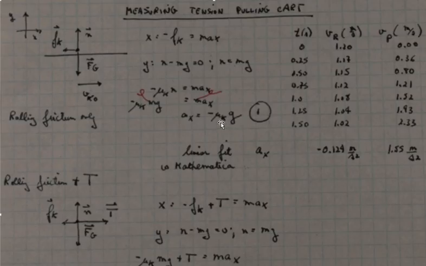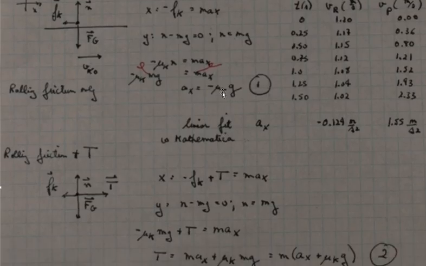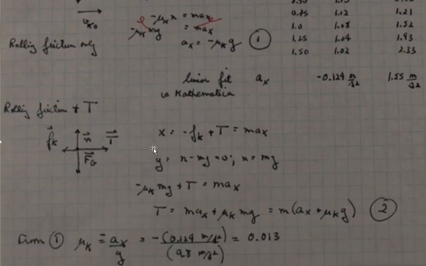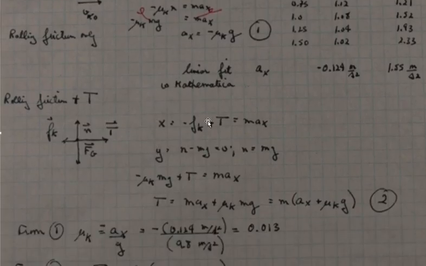So let's progress to the second one. If I know what mu sub k is, then I know what the tension is. And I do in fact know what mu sub k is. I can figure it out because I know what a sub x is from over here. Putting that on the back burner temporarily, let's look at the second force analysis. Newton's second law in the x direction is minus f sub k plus T equals m times a sub x.